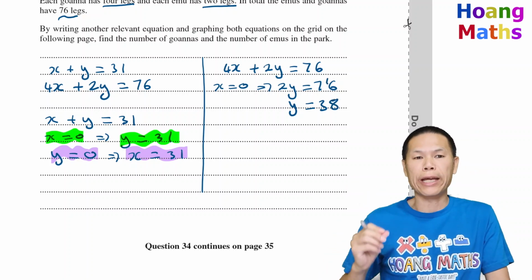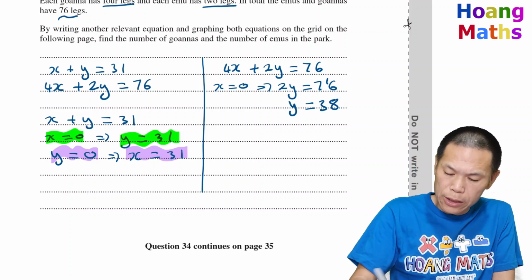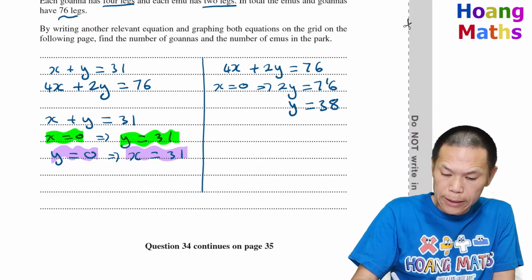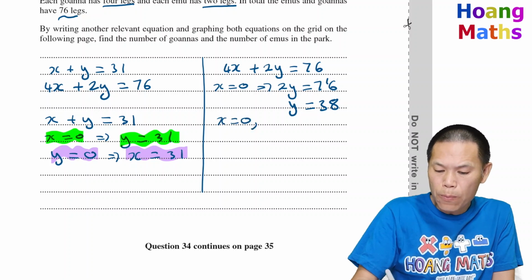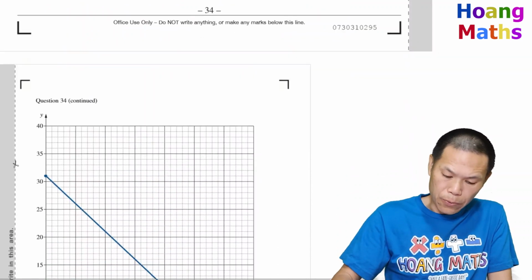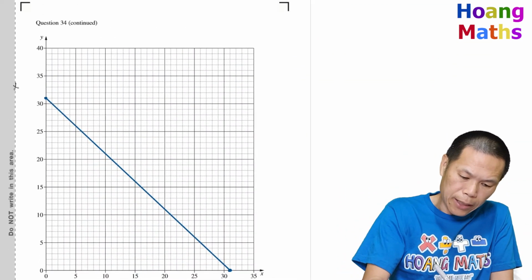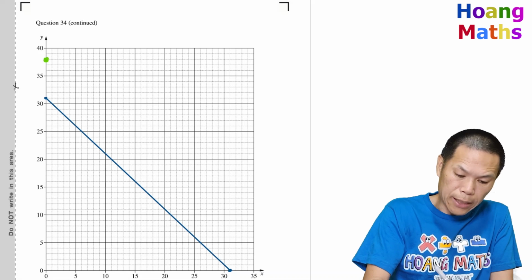Otherwise, just put it on the calculator, 76 divided by 2. So we know that when x is 0, y equals 38. So y equals 38 is here: x is 0, y is 38.